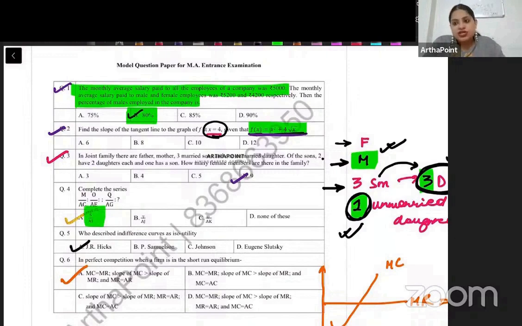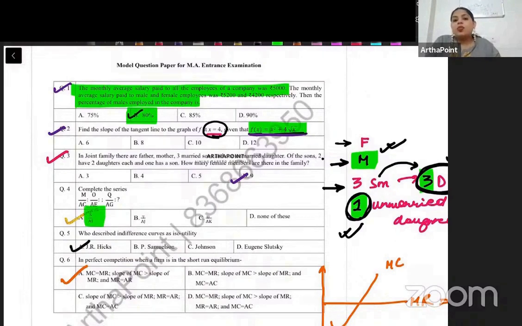Whether you give CUET, whether you give MSc, whether you give any other entrance exam, you must remember these names of the economists, that who gave what, right? So when I talk about who gave indifference curve as iso-utility concept, if you start searching for it, beta, a lot of websites are going to tell you it was given by British economist Edgeworth.